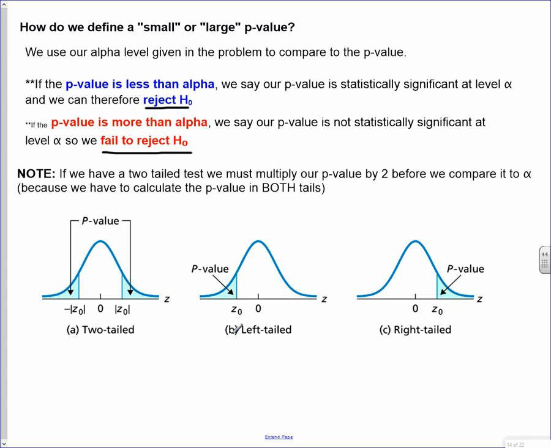So we look at how our p-value is going to be calculated. If we're doing a left-tail test, the p-value is the area down here. In a right-tail test, it's the area up there. If we're doing a two-tailed test, your statistic is going to fall either on this side or on this side. You're not going to have two statistics, but it's going to fall here or here. But because we're doing a two-tailed test, you actually have to double that p-value.